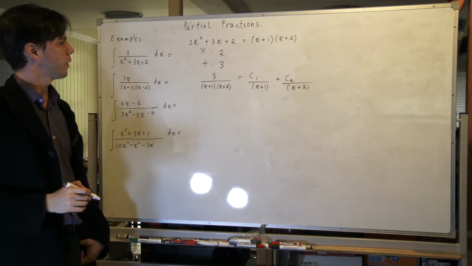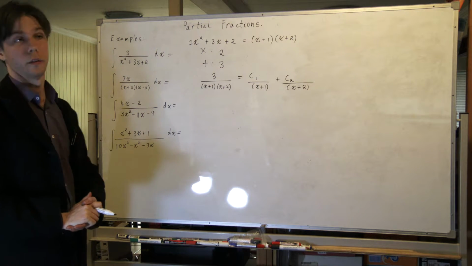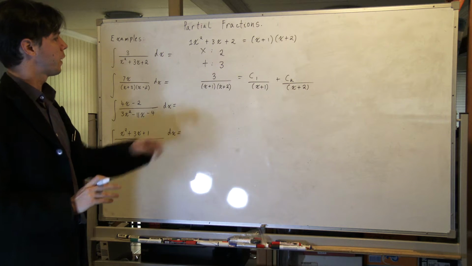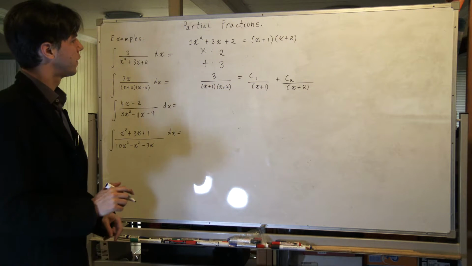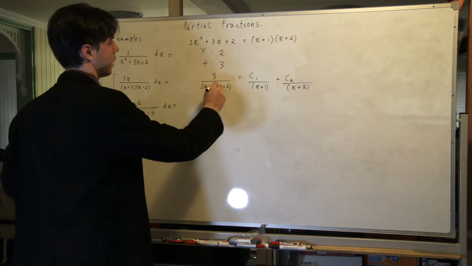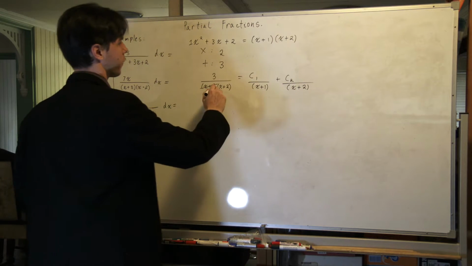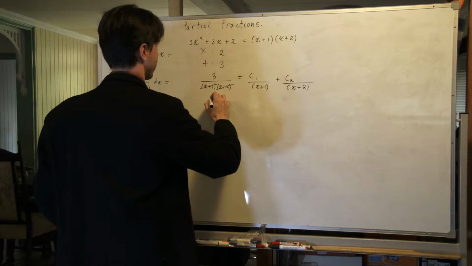And then I multiply everything, I'm going to find what the constants are. I multiply everything by x plus 1 times x plus 2. So on the right, if I multiply by x plus 1, it cancels that out. Multiply by x plus 2, it cancels that out. And we have just 3.